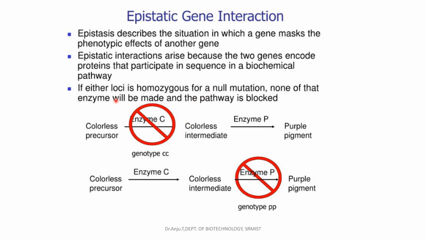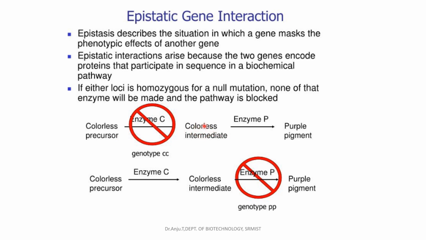For example, if a colorless precursor is there, two genes are involved for the final purple color pigmentation. Gene C codes for enzyme C and gene P codes for enzyme P. Enzyme C converts the precursor into an intermediate product.